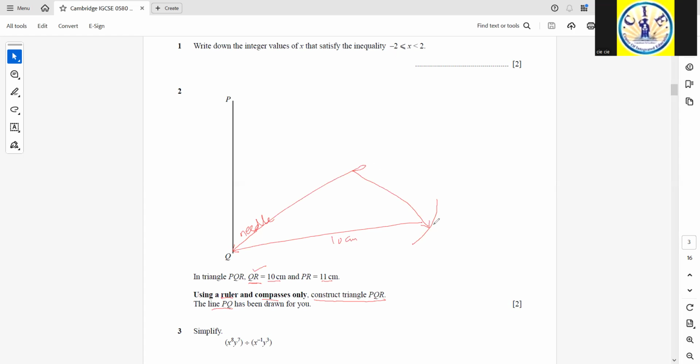But this is not the point. Any point on the arc has not been finalized yet. So this is the arc that we have drawn.